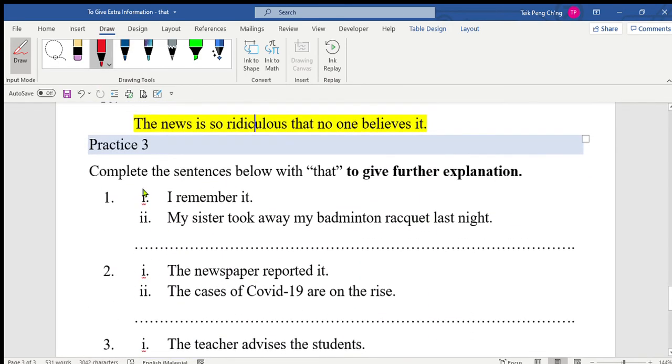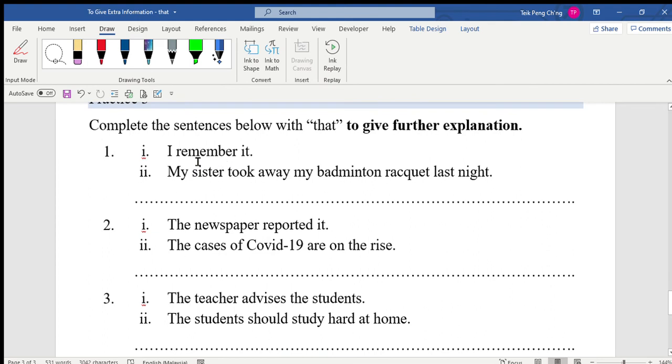Okay, now look at practice number 3. Complete the sentences below with that to give further explanation about a verb. Look at this. I remember it. And then you have to know, what does it here refer to? It here refers to my sister took away my badminton racket last night. So how do we combine the sentences together?